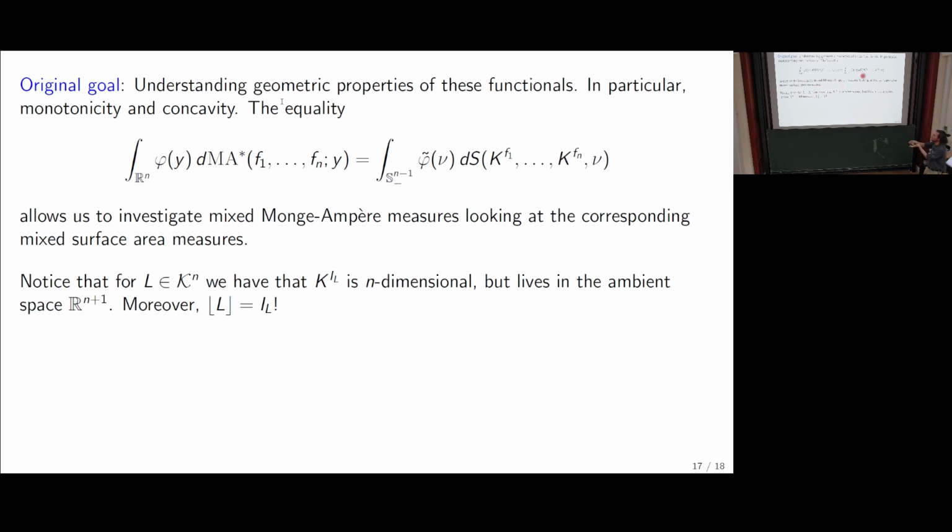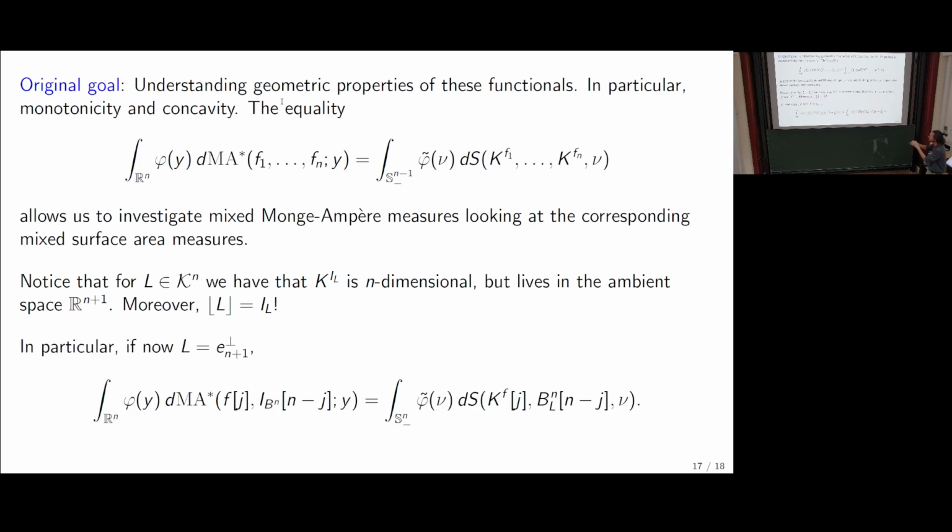If we take the body representing in R^(n+1) the set representing the indicator function, this is just the same set, but living as something lower dimensional in R^(n+1). In particular, these things commute nicely here. Which means that if we consider the indicator function of this ball as a function on R^n, and we use the same lemma as before, here we will obtain a ball of dimension n, but we are integrating on the unit sphere of R^(n+1). So this is the motivation.